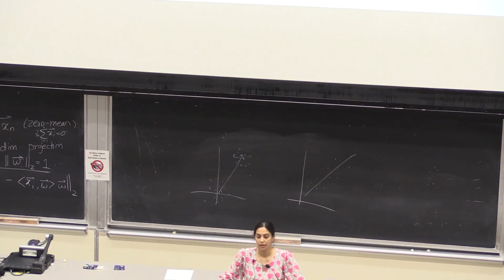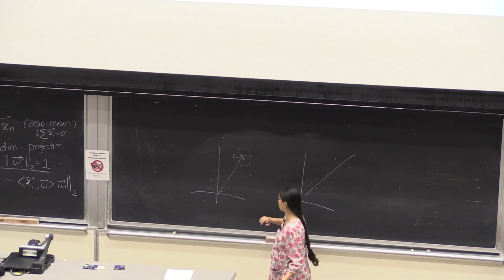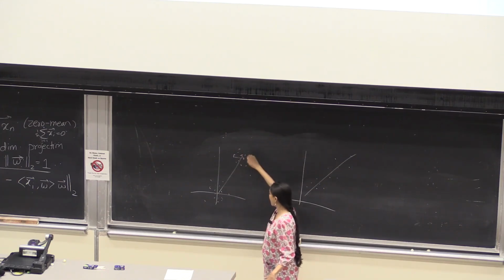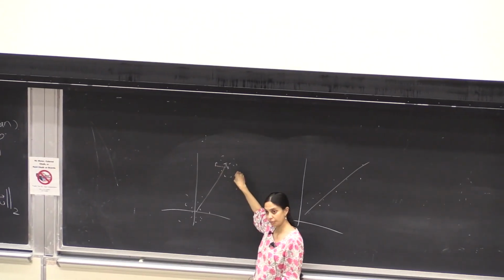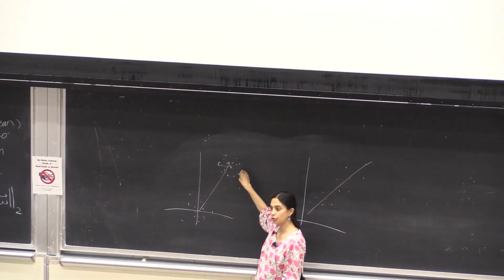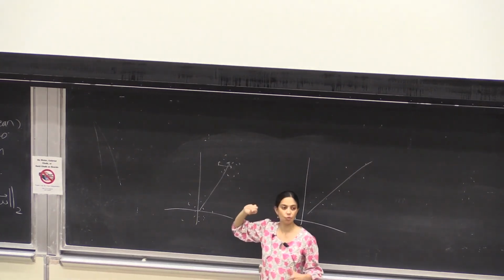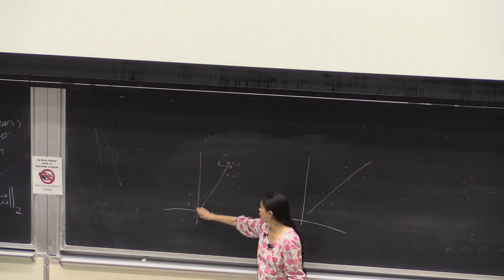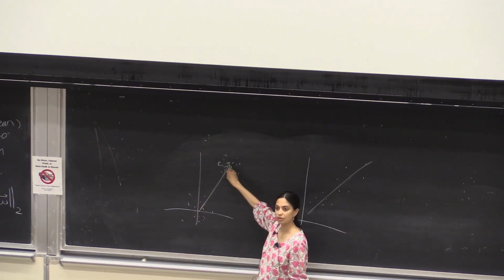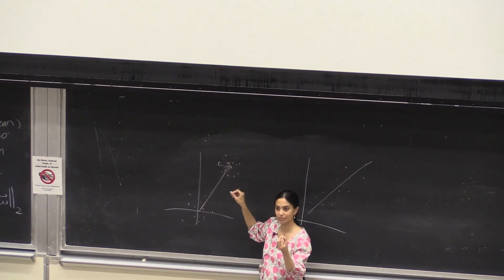But intuitively, I can show you the picture here. Let's say I have two-dimensional data, a bunch of data points, and I tell you, give me one vector that describes the direction of this data. You're going to pull out this vector. This mean vector is going to show up, right?